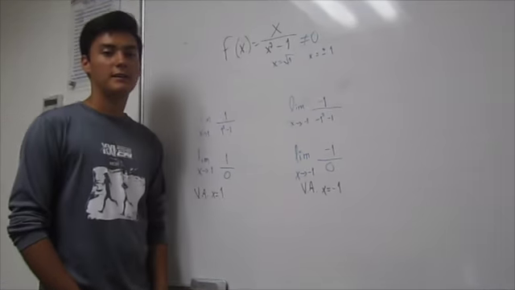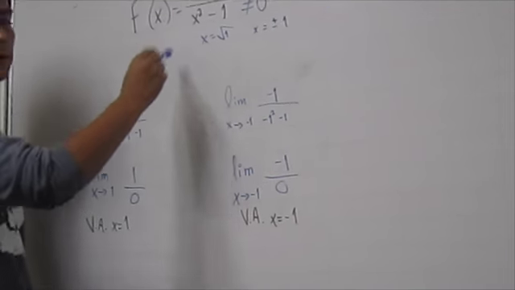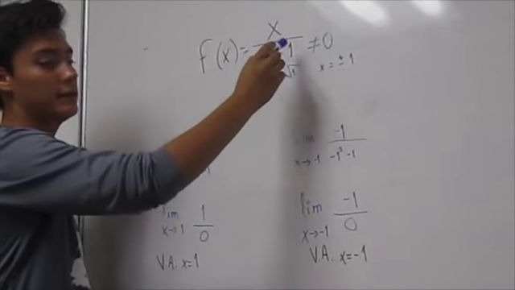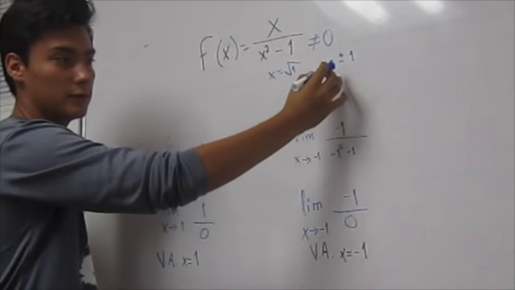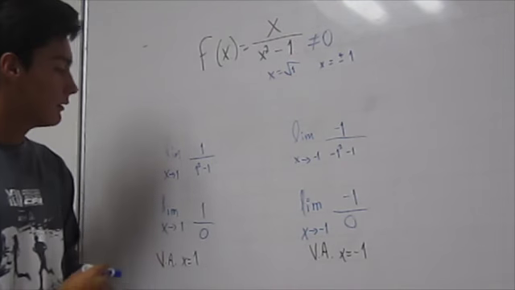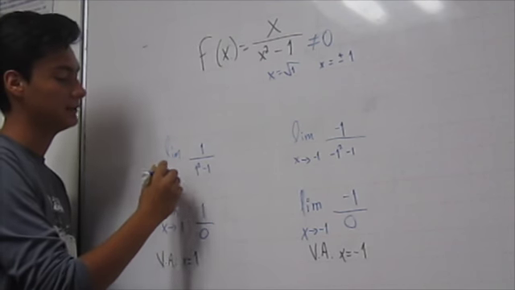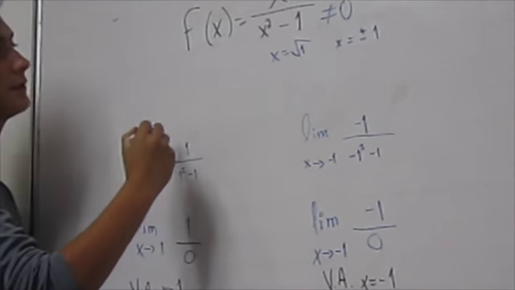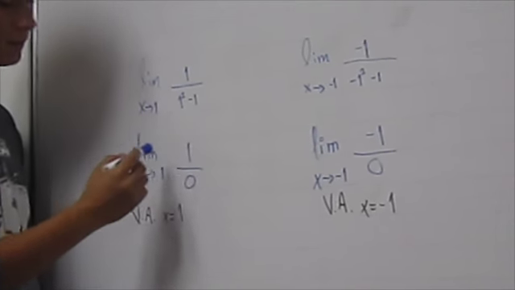To evaluate the vertical asymptotes, we need to first get the restriction of the denominator. So this cannot be equal to 0. That gives us x equal to plus or minus 1. So we evaluate each term in the limits. When the limit approaches x equals 1, we substitute the number in the variable, which gives us 1 over 0.